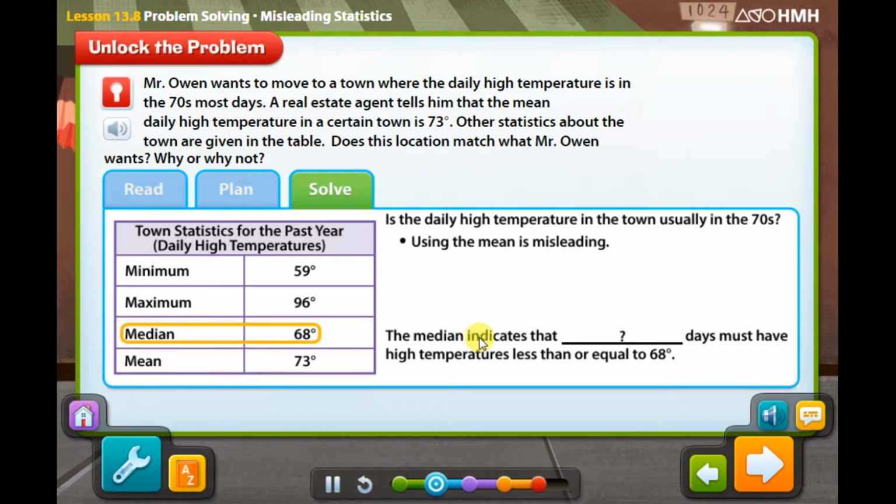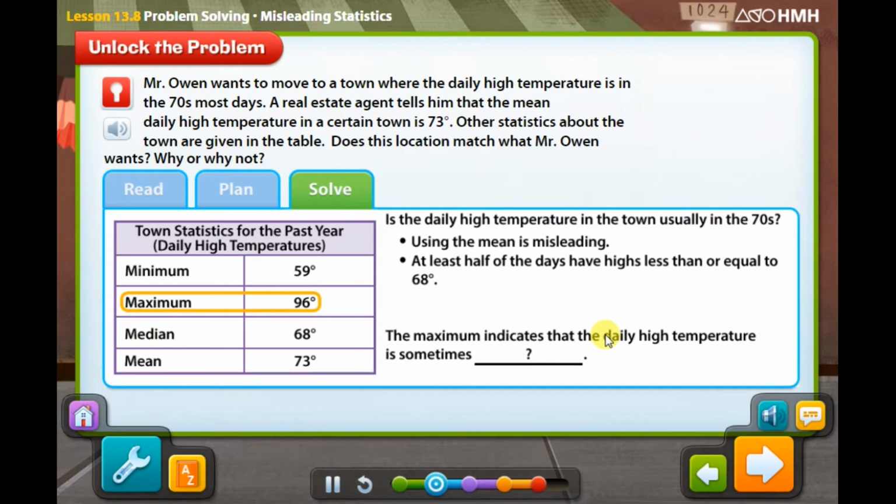Can the median tell you if the daily high temperature is usually in the 70s? The median is the middle of the numbers, so I guess so. In most cases, the median is the best number to describe a set of data. The median tells you that at least half of the days have daily high temperatures less than or equal to 68 degrees.